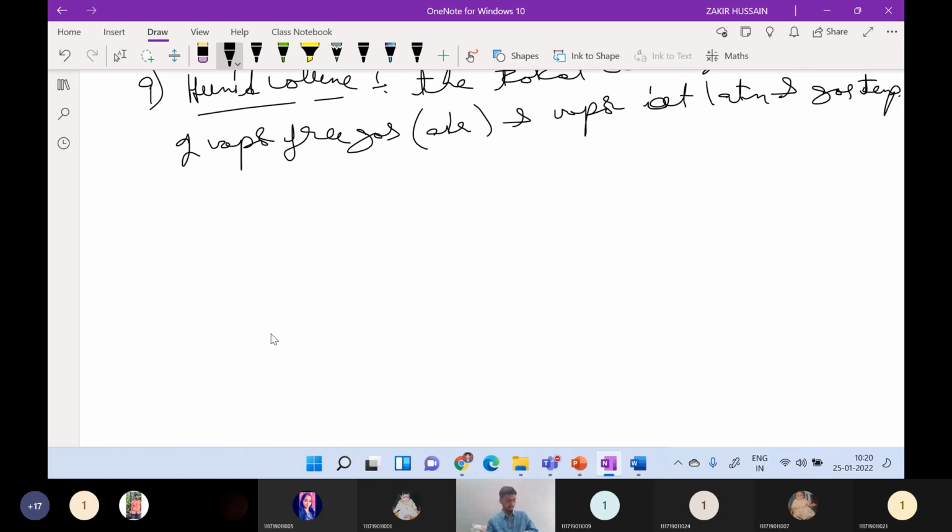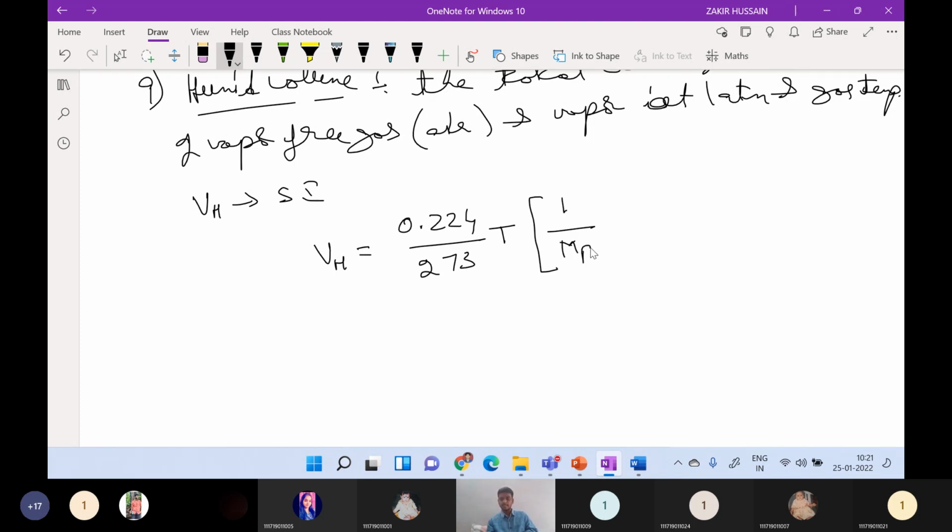For example, if your VH is defined in SI units, we can use this formula from the ideal gas law. Humid volume is equal to 0.224 divided by 273 into temperature into (1 by MB, molecular weight of component B, air, plus H, the humidity, divided by MA, molecular weight).